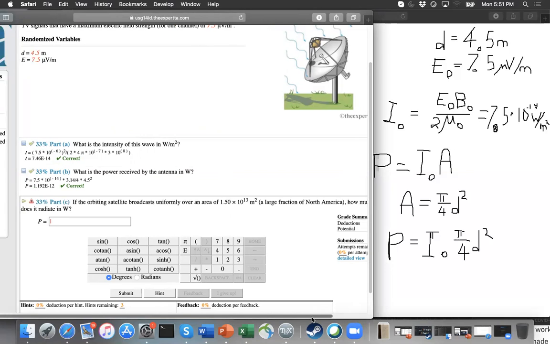How much power does it radiate in watts? So this is a question of how much energy is the satellite emitting. Again, it's the same expression. Power is this times area. But in this case, area isn't pi d squared. It's just this number.